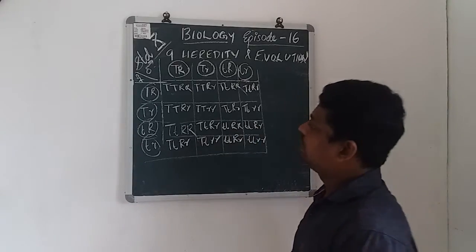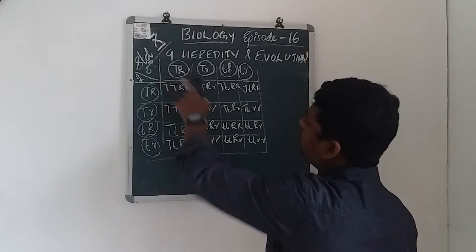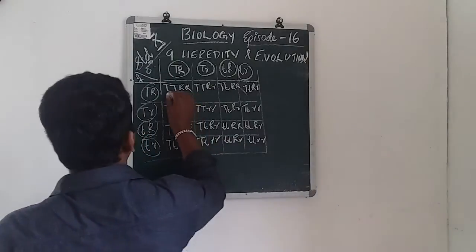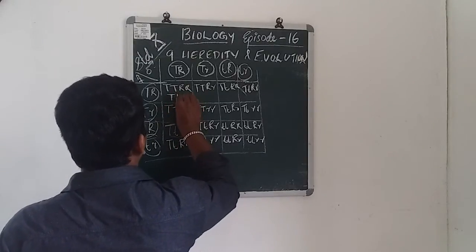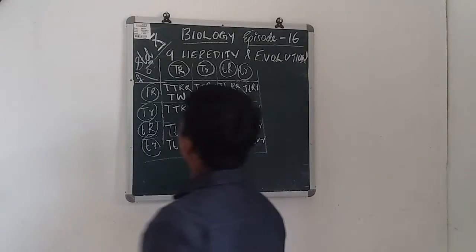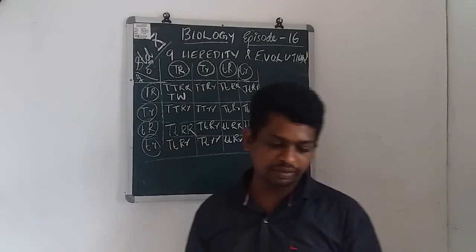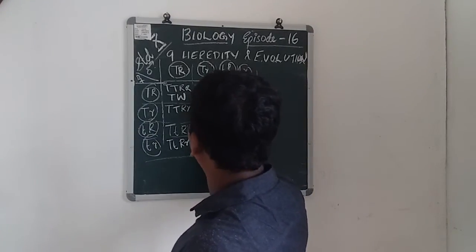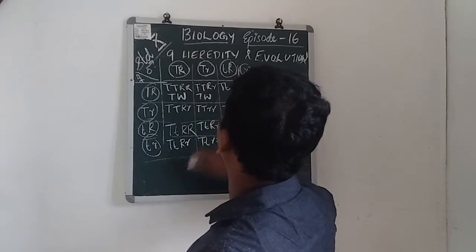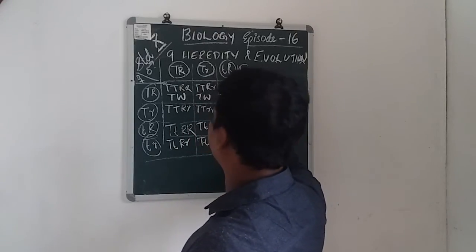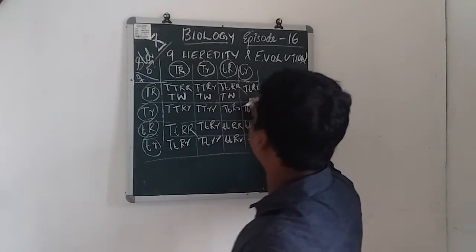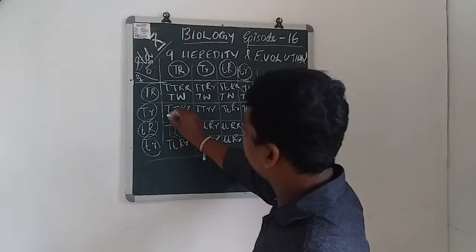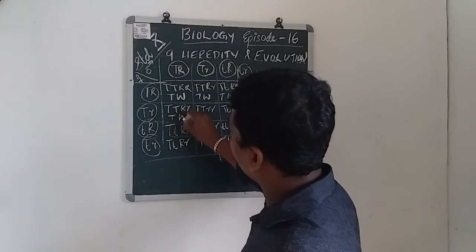Okay. The characteristic capital T, capital R, that is tall plant with white flower. Tall plant with white flower. And this one tall plant with white flower also, and this one, and this one, the same white flower.